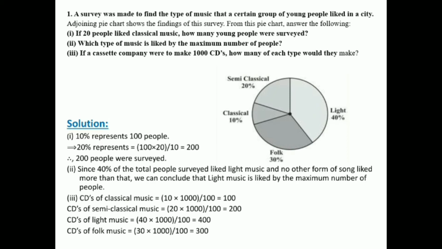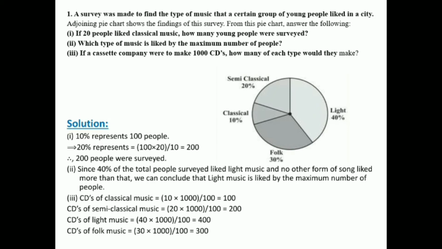Now we have to find the number of CDs for each of these types. So CDs of classical music, 10 divided by 100 into 1000, that is 100. Since the company were to make 1000 CDs, that means the total number of CDs is equal to 1000.